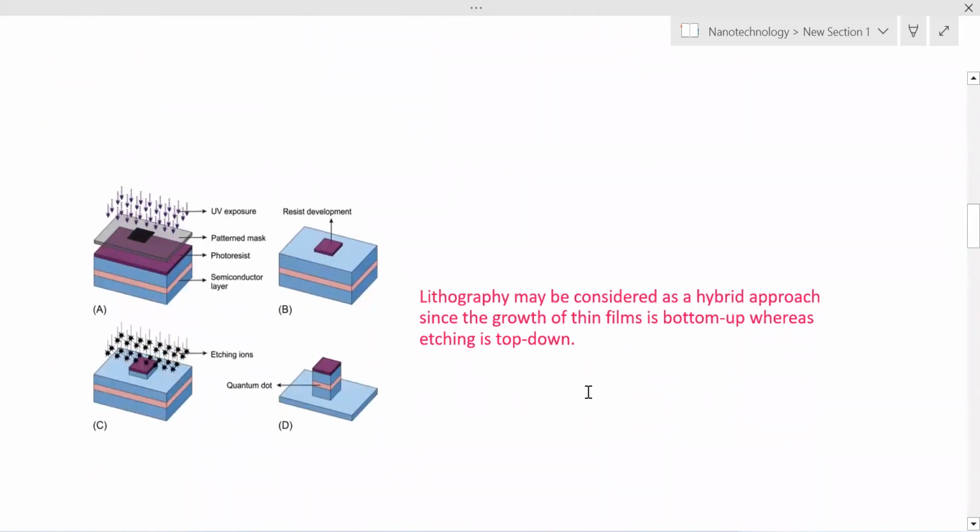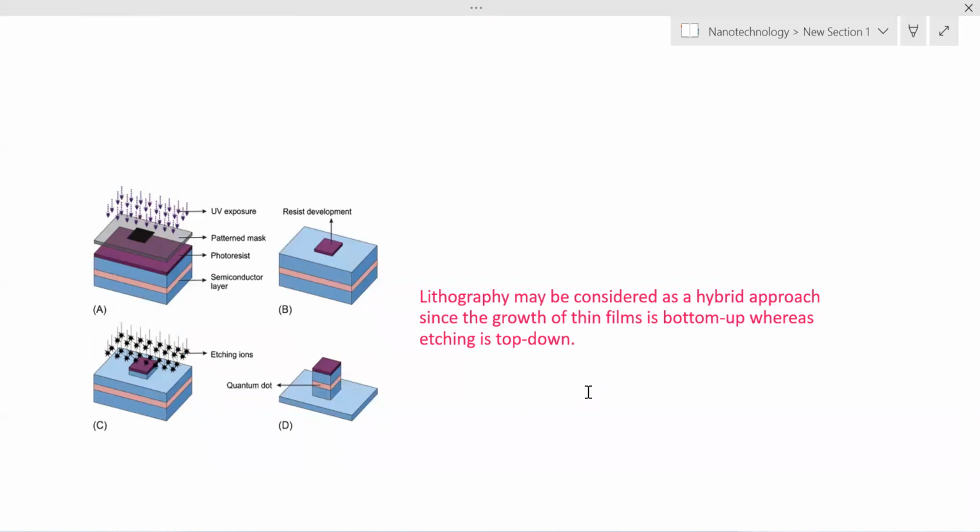Whereas lithography is both top-down as well as bottom-up, because we are going to grow the thin films, which is a bottom-up approach. So thin films are grown by depositing small species like atoms or ions. So that is bottom-up.